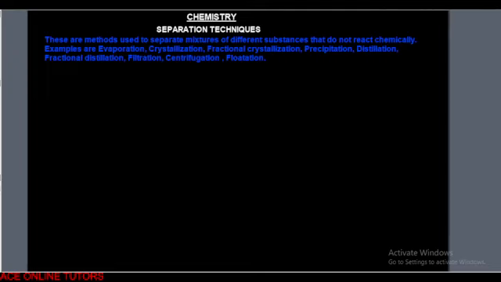Now, those examples of separation techniques that we have, those are the ones that we have listed here. So we have evaporation, we have crystallization, we have fractional crystallization, we have precipitation, we have distillation.